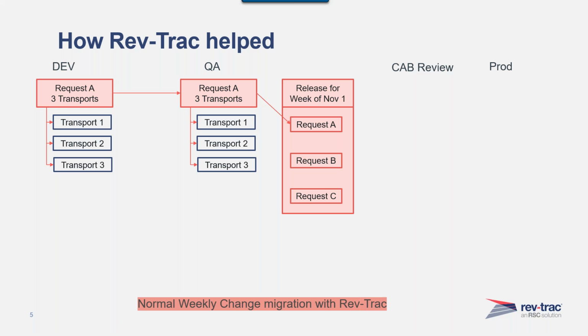So the release in this case is for November 1st. As you can see, request A has gone into there. It also already had request B and C in there. Now those requests will sit there until, and you can build it out a little bit more, Dan.